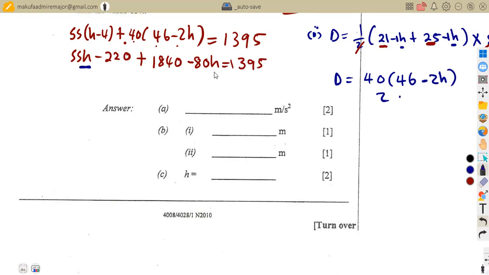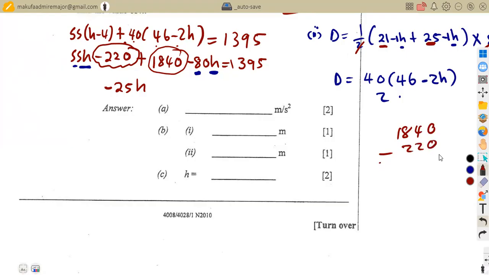There we've got h, and there we've got h. So 55 minus 80 is the same as 80 minus 55, which is going to be minus 25h. Then if we collect these terms, minus 220, we add 1,840, and so it's going to be 1,840 minus 220. So this was going to give us 1,620, which is equal to 1,395.